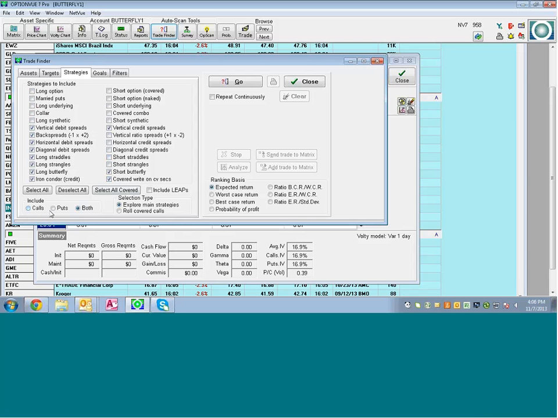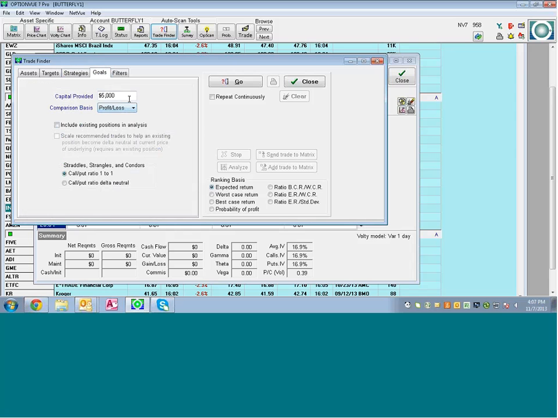You can also just look at calls, just look at puts, or include both. And I can explore all these main strategies, and if I've got an existing covered call and I want to roll it, I can actually have OptionVue in the TradeFinder select a covered call that would be using an existing covered call and then showing me how to roll out to the next month, roll out or roll up to the next month. So these are the ones I'm selecting for this particular thing.